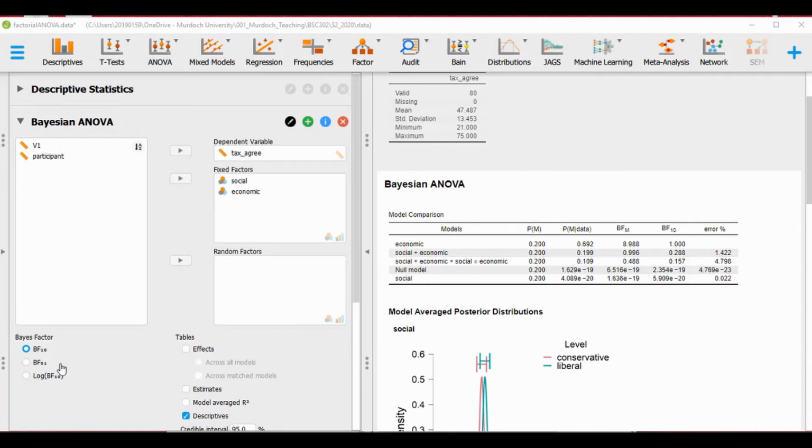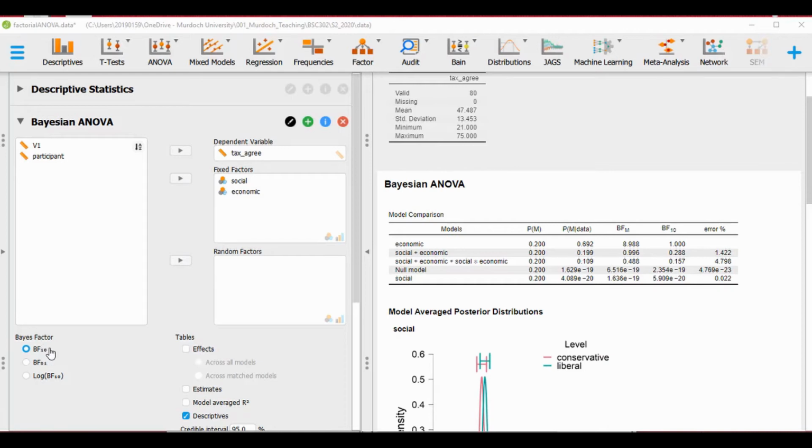BF10 compares the probability of the alternative hypothesis over the probability of the null hypothesis. So in this case, it will compare the model that says that the economic views are important versus the null model.